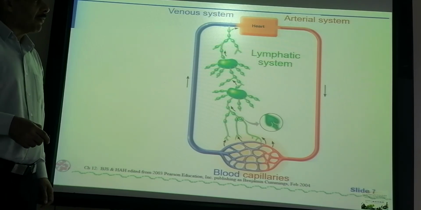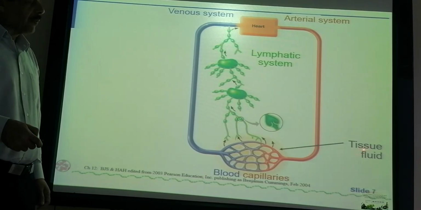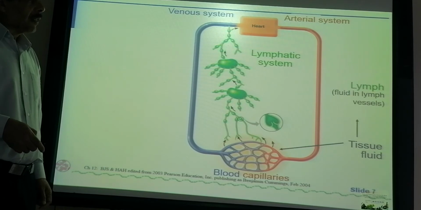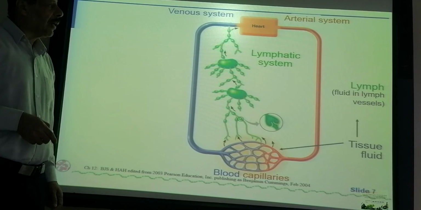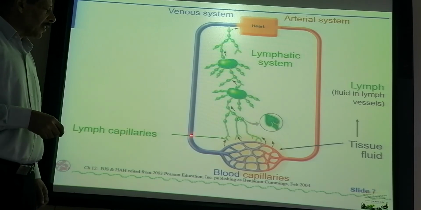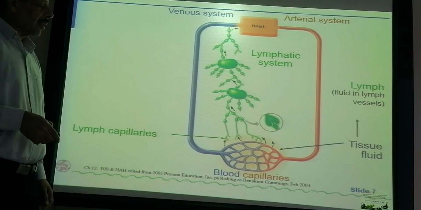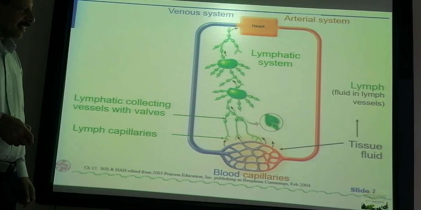So this is the lymphatic system. This is the tissue fluid here. As we said, it will lead to formation of lymphatic fluid, and those are the lymphatic capillaries, and lymphatic collecting vessels.